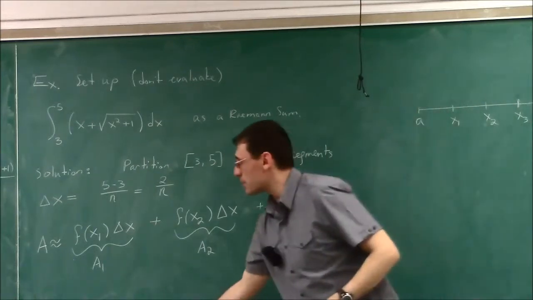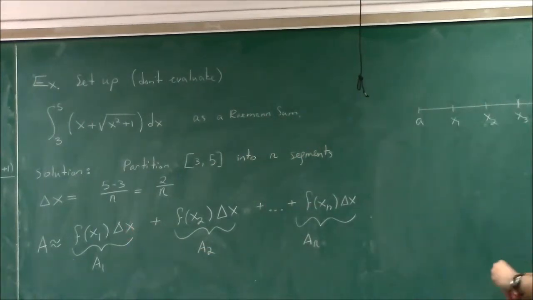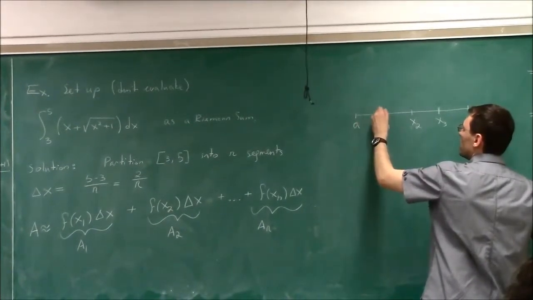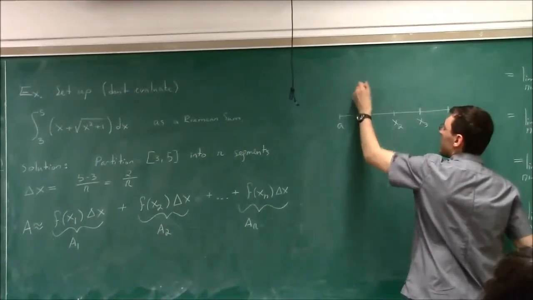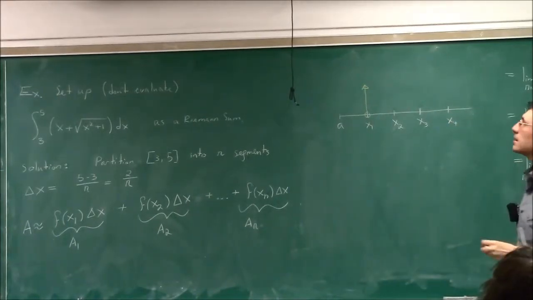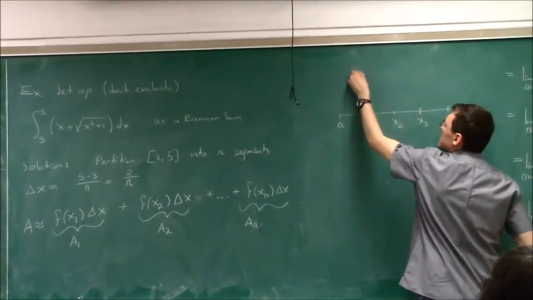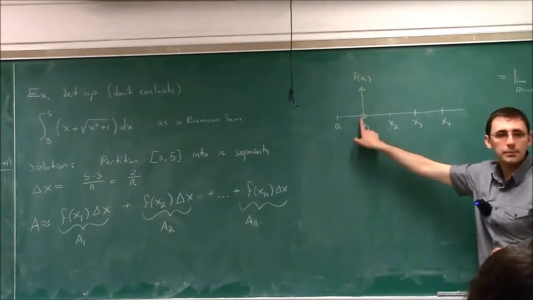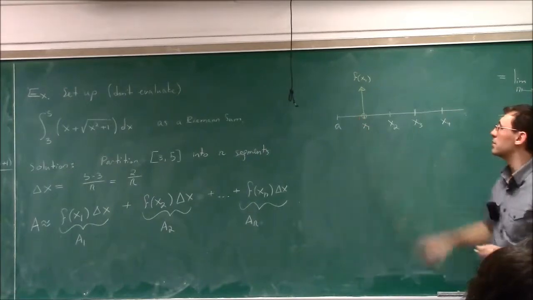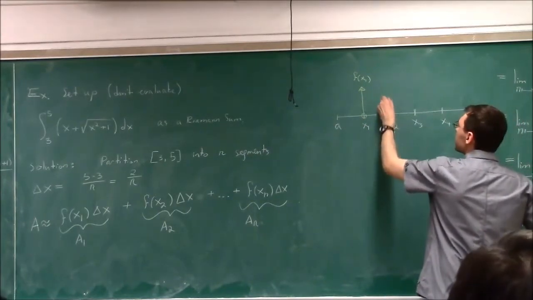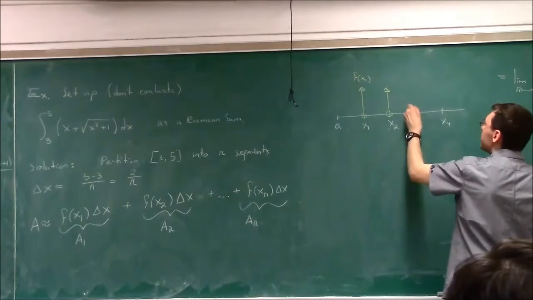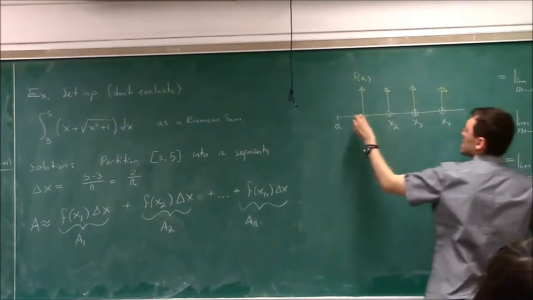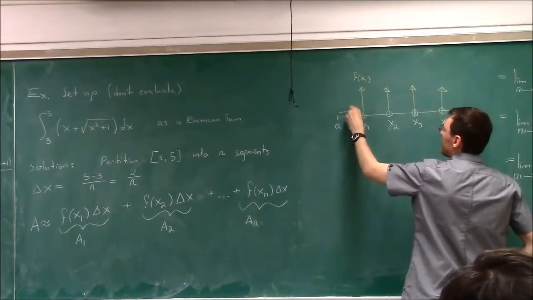And when we approximate by rectangles, we decided that we're going to pick the right hand point as the thing that we put into the function. So we take this point, and we feed it into the function to create the height. So the height is f of x1. The height is at the rightmost point of each interval. And we decided that we are moving this way.